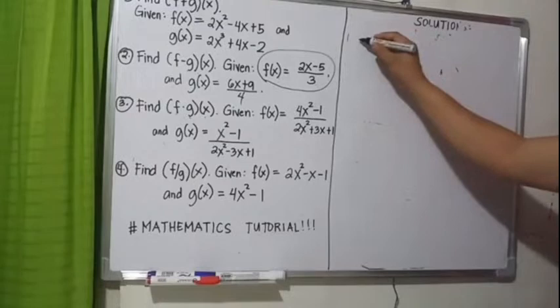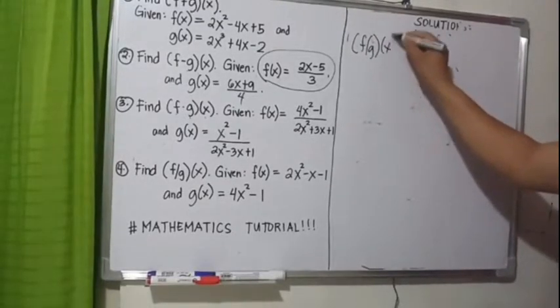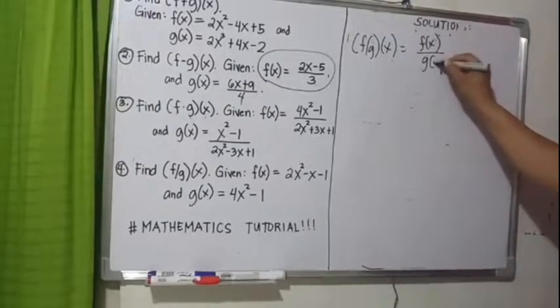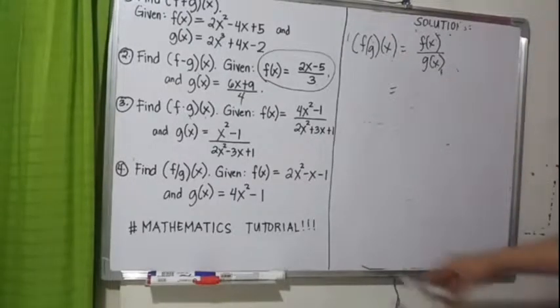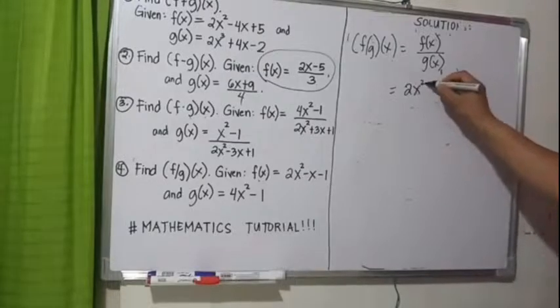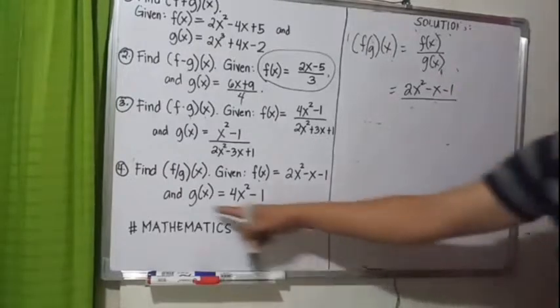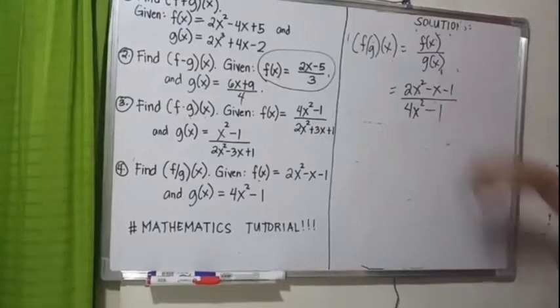So that is quantity of f over g times x equals f of x over g of x. Ito yung formula natin. So example number 4, ang given ng f of x is 2x squared minus x minus 1 over, ang g of x natin is 4x squared minus 1.